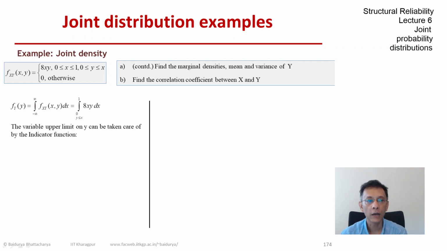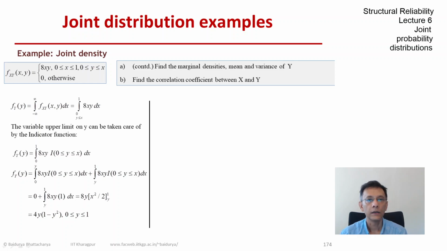This variable upper limit we can take care of with the help of the indicator function. So we split the integral from 0 to y and then y to 1, and the first one is 0, and if we do the integration correctly, the answer should be 4y times 1 minus y squared, and that is defined between 0 and 1.